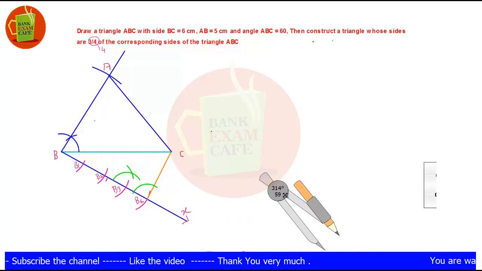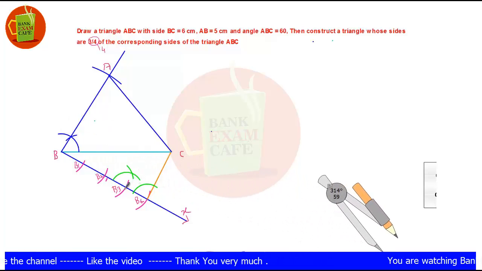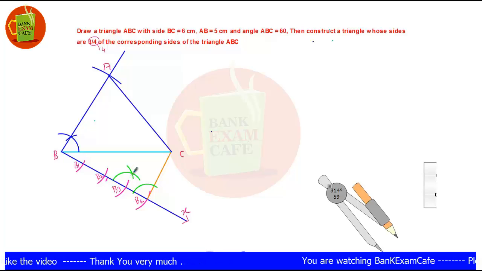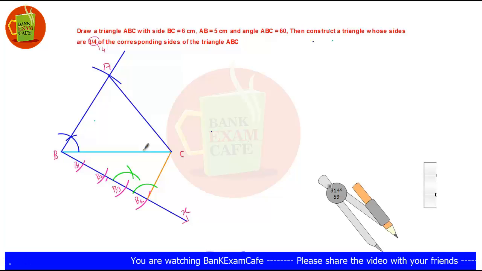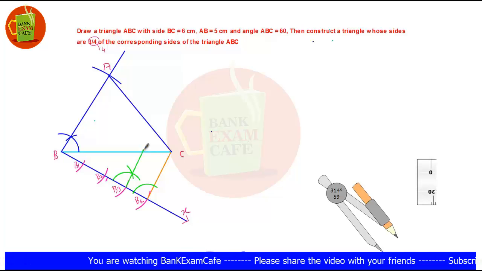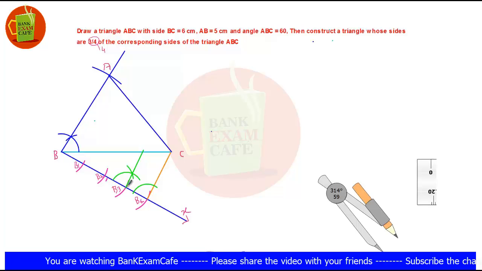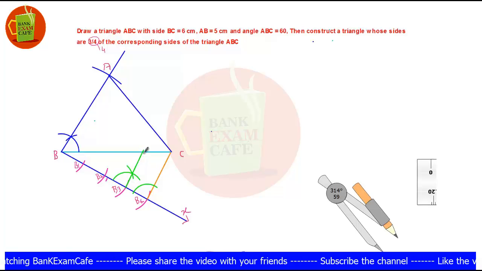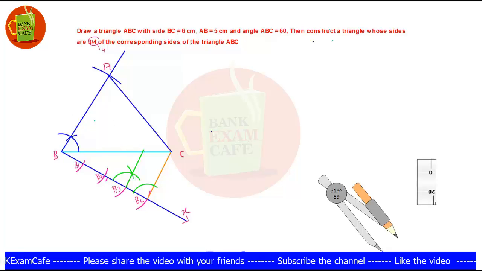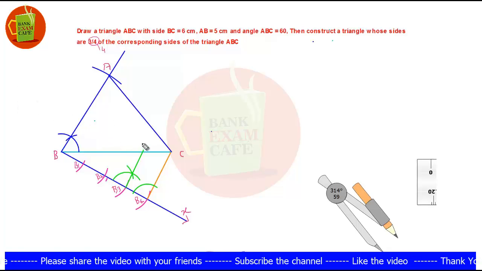Now from this B3, draw a line segment passing through this point of intersection, intersecting the BC at point C dash. So from this B3 passing through this point, it meets the BC at C dash, so give this as C dash.